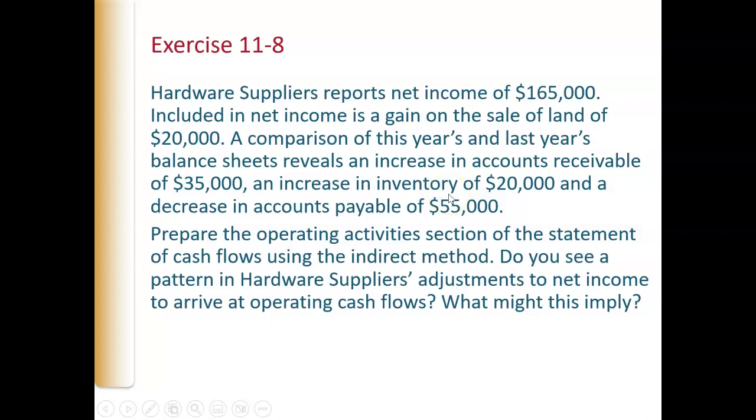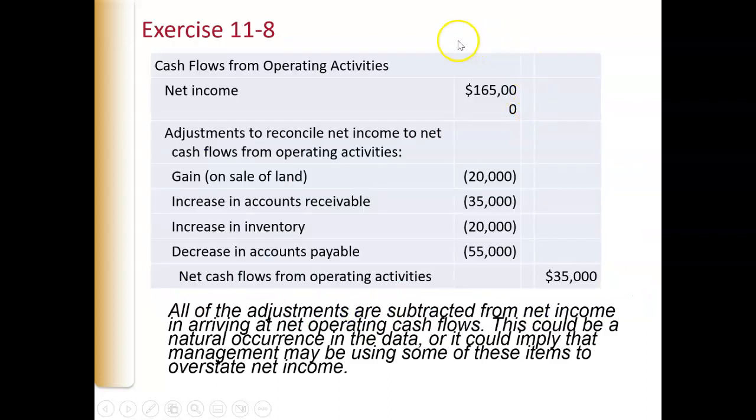Prepare the operating activities section of the statement of cash flows using the indirect method. So we'll start with our net income of $165,000, and then we need to adjust. There initially was a gain on the sale of the land, but since this is the operating section, we're going to get rid of it because the gain on the sale of land we don't want to show here.